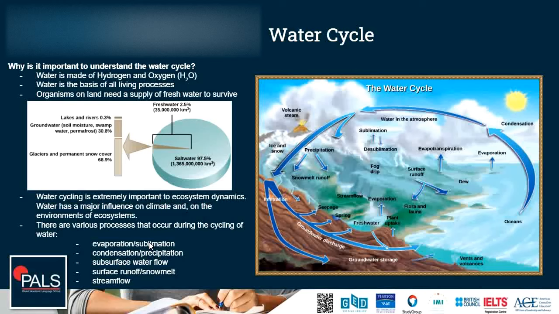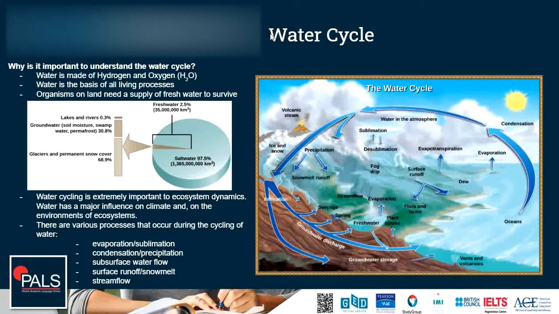We have condensation, precipitation, which is the formation of clouds in the atmosphere, and then the rainfall, precipitation. We have surface water flow, the flow and stream flow of rivers, and there is surface runoff and snow melt and stream flow, as we have mentioned.